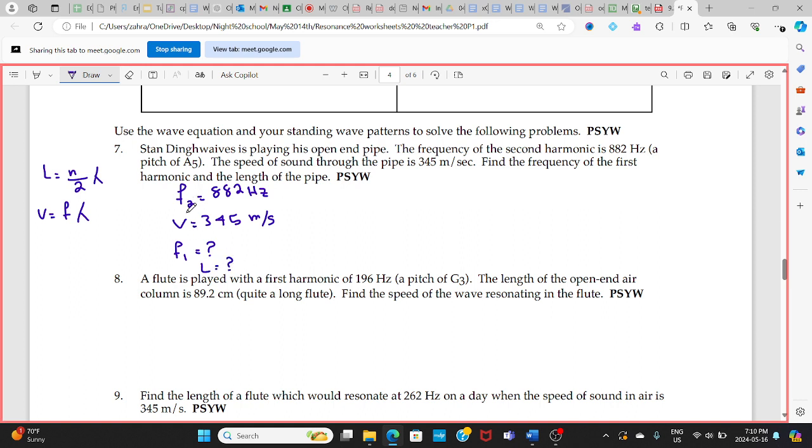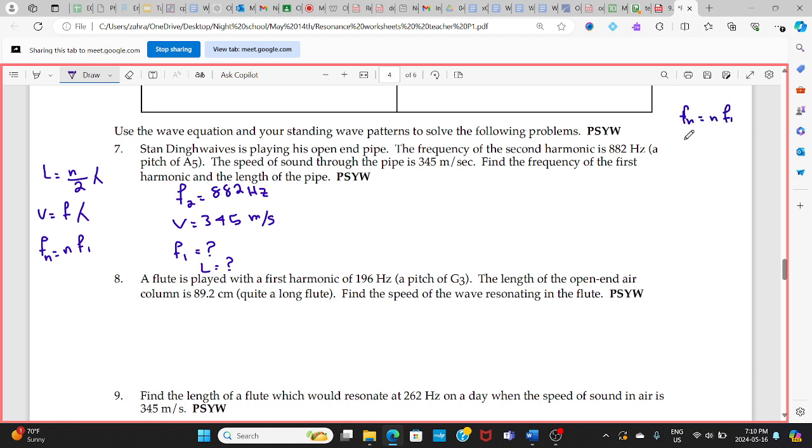The frequency of the first harmonic is easy because I know f of n is going to be n f1. If I have f2, I just use that here: f of n is equal to n f1.